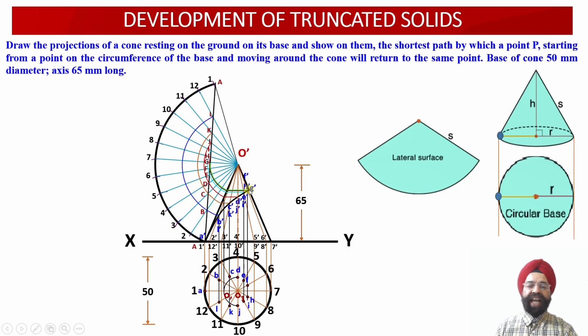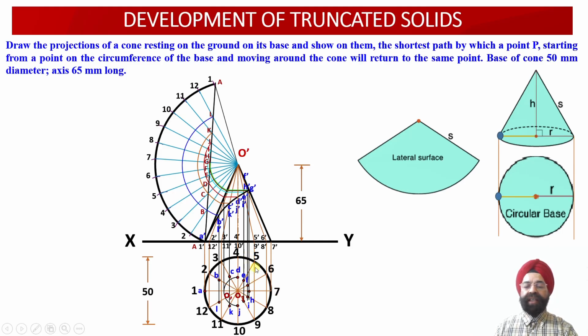And finally the last point is G dash. So point G dash happens to lie onto the true length O dash 7 dash. So through this point G dash, once we draw a vertical projector, let us evaluate the intersection of this vertical projector with the slant generator O7.